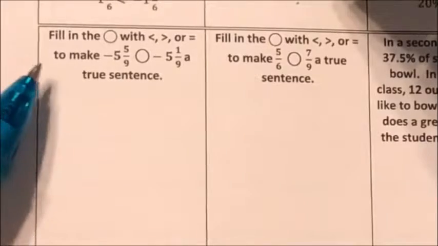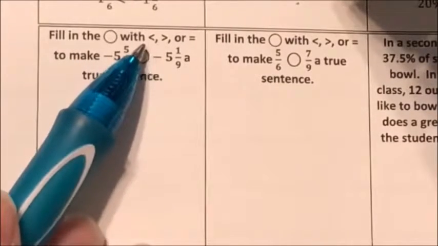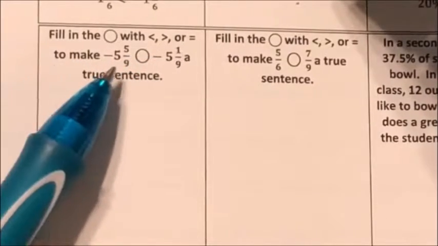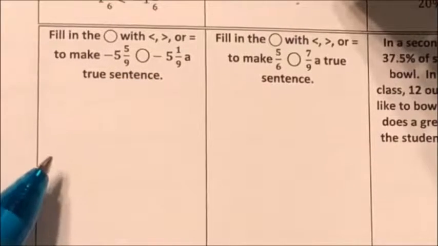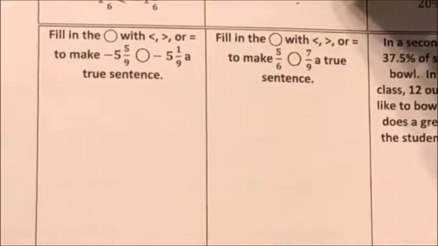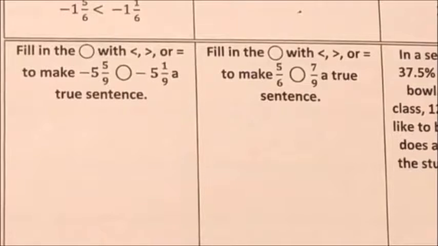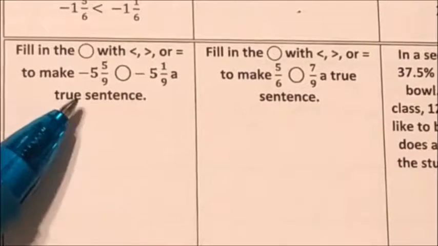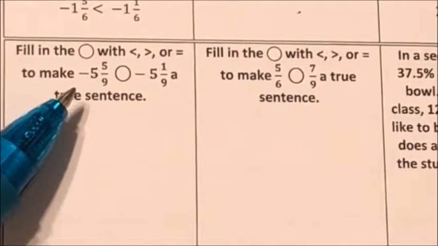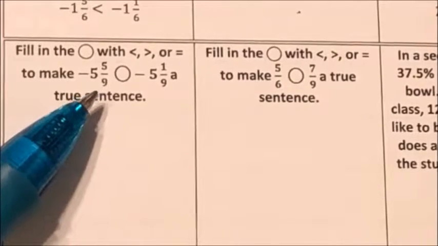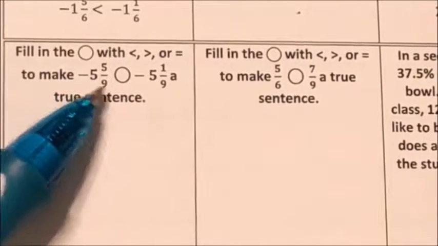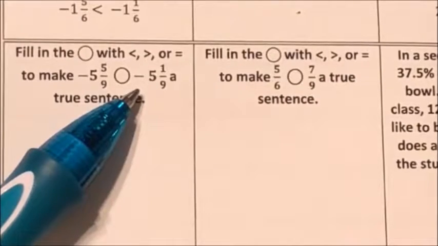So the first try it problem says fill in the circle with greater than, less than, or equal to make -5 and 5/9 and -5 and 1/9 a true sentence. So I'm going to look at this problem and try to figure out which one is closer to 0. -5 and -5 are the same.